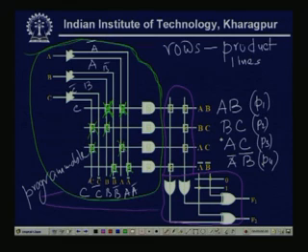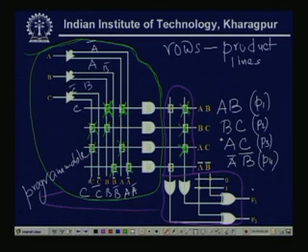Now, for F1, P1 means AB, BC, AC, P1, P2, P3, all 3 are the inputs of the OR.